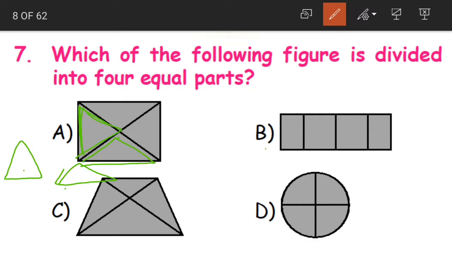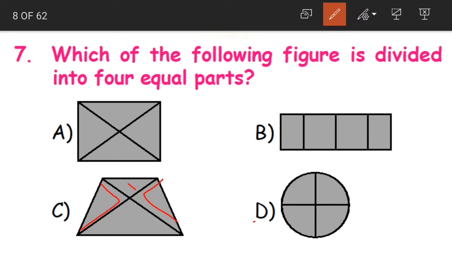No. Now coming to option B. See, this is a small box, this is a big box, again big and again small. So again these are also not divided into equal parts. And even option C, by looking at it only we can say that it is not divided into equal parts.